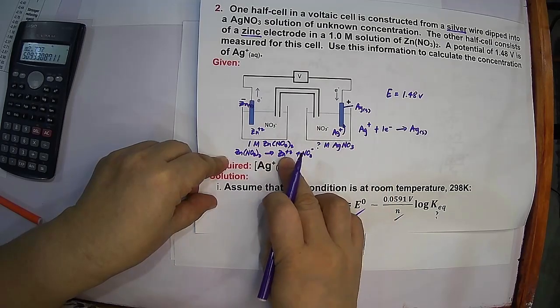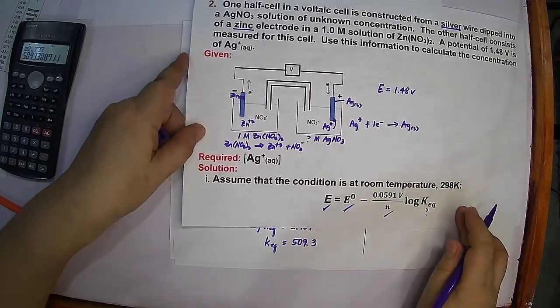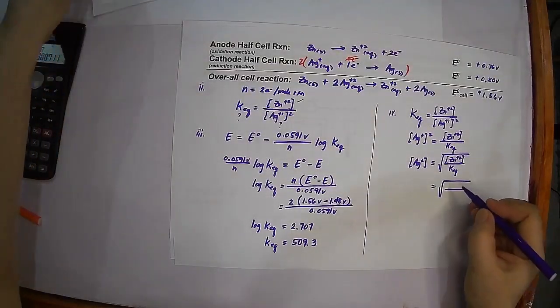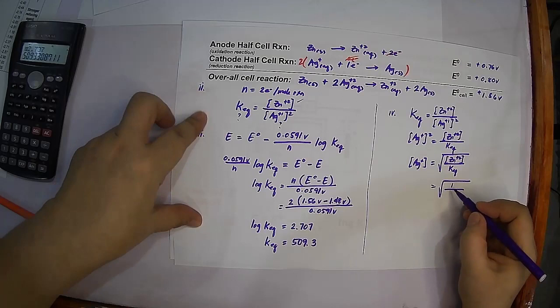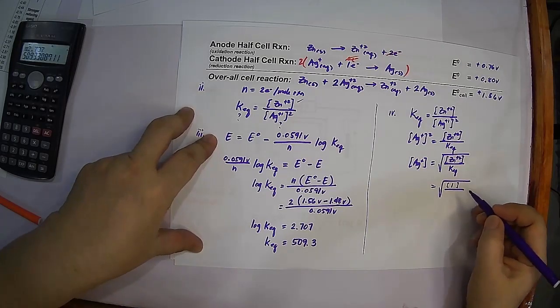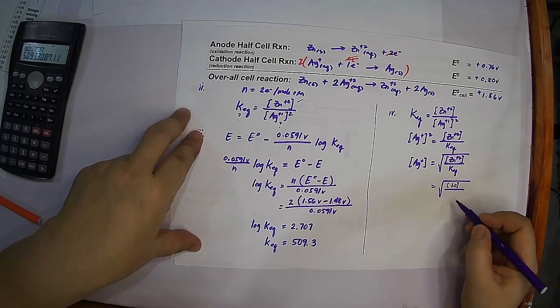So whatever the concentration of the zinc nitrate is, that is the zinc ion concentration as well. So we have 1 molar. You don't have to write the unit because of the brackets. 1.0.